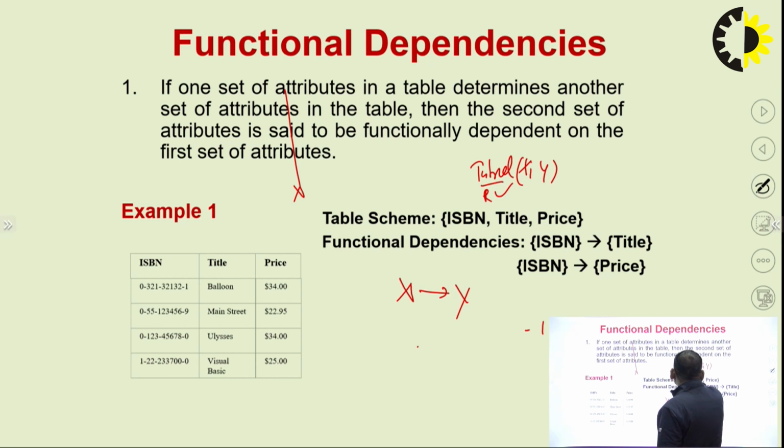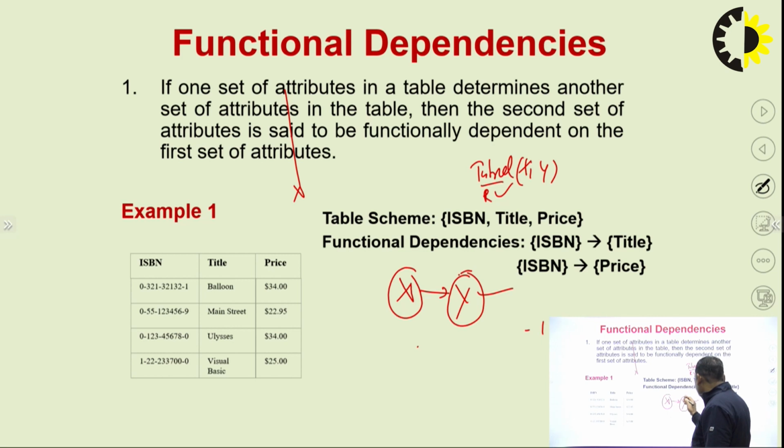Then the second set of attributes, Y, is functionally dependent on the first set of attributes, X. So Y is functionally dependent on X. This is known as functional dependency.